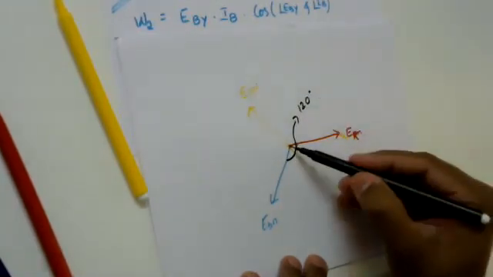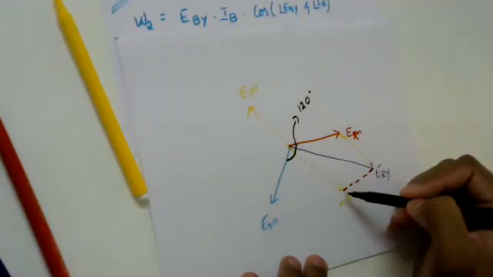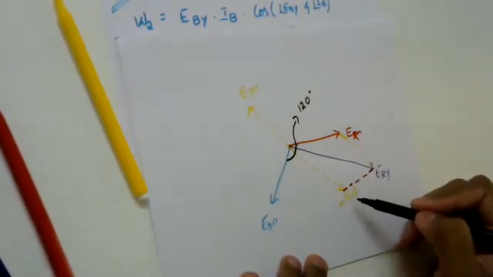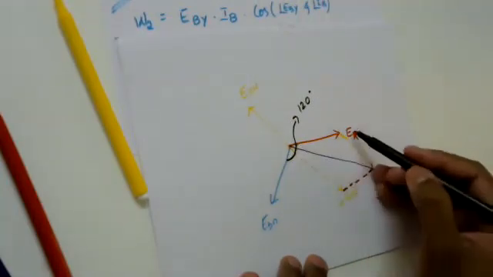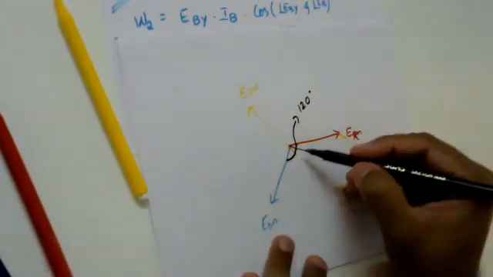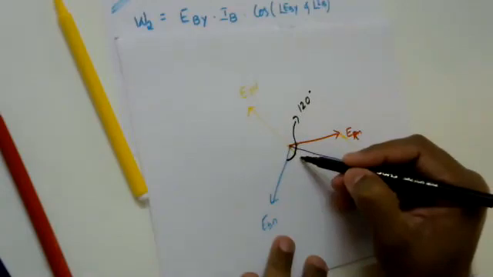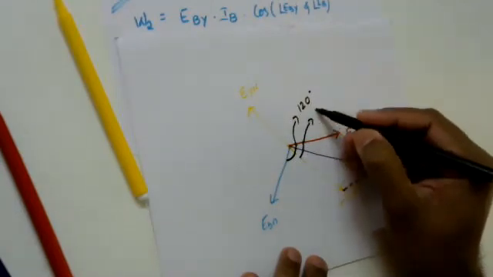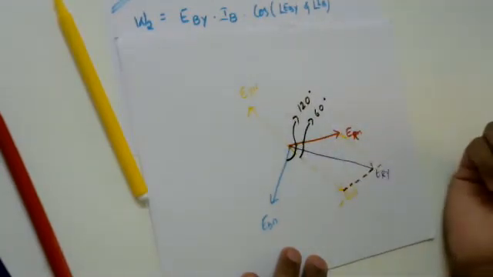Then this dotted yellow line, which is nothing but minus EYN, is moving exactly in the center between R phase and B phase. Then with respect to your R phase, what is this angle now? This angle is 60 degrees, right?